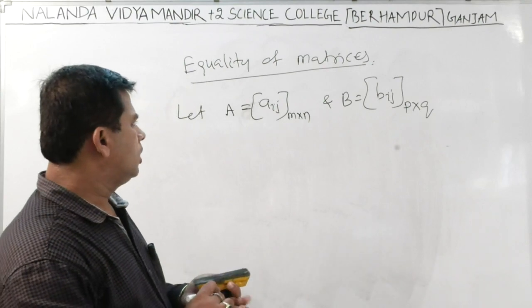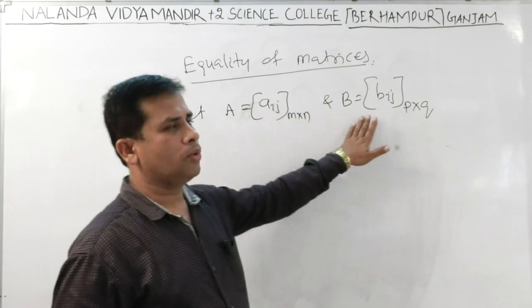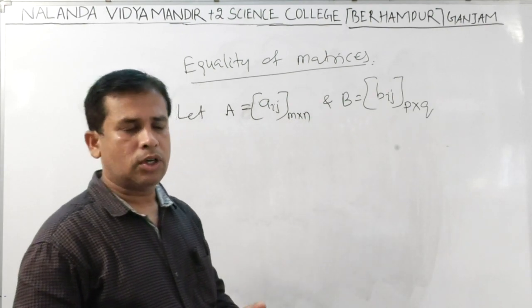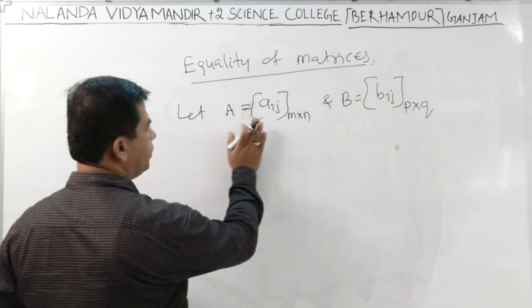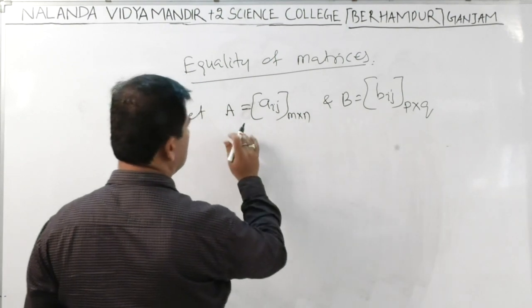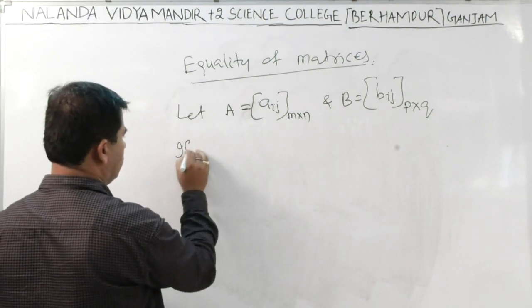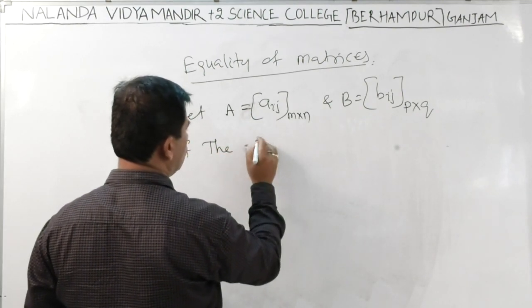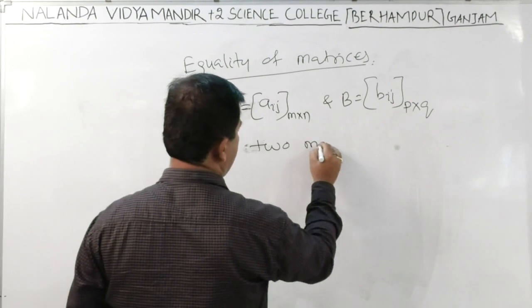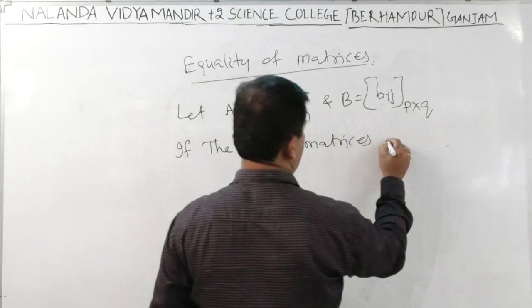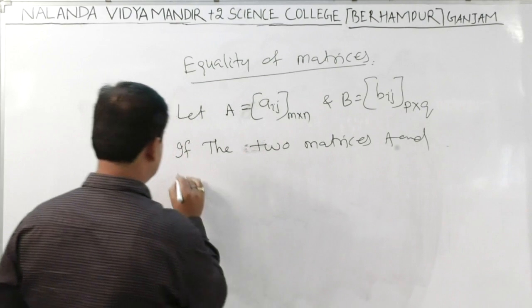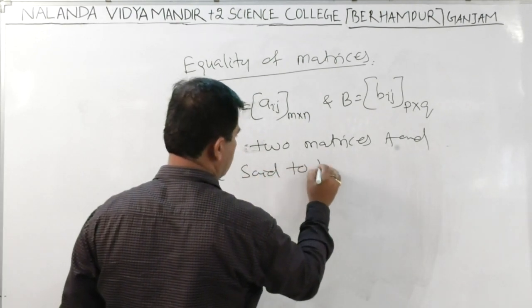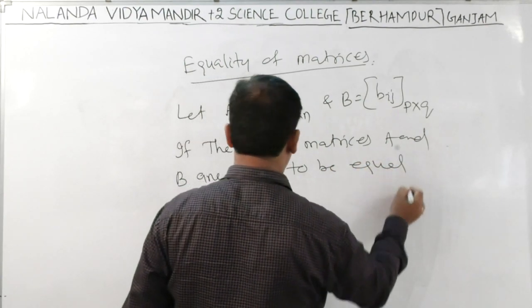We say A and B are equal if two matrices follow some conditions.